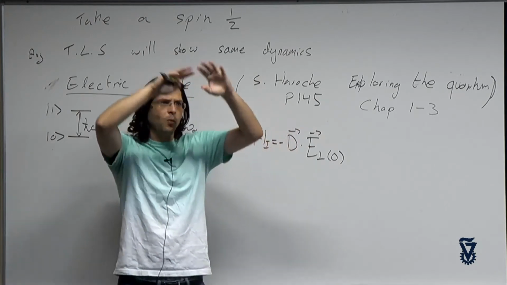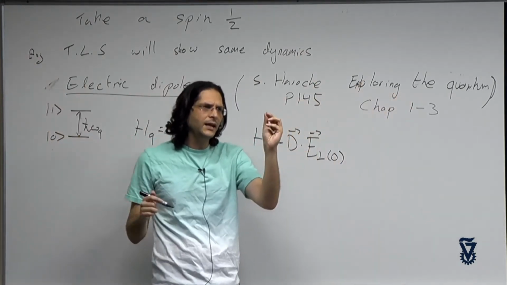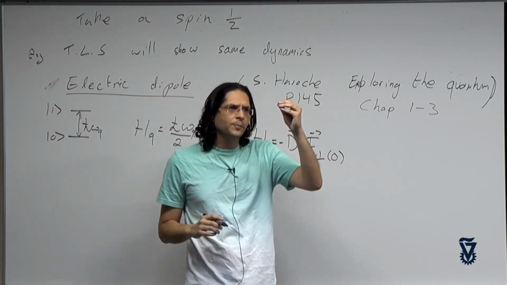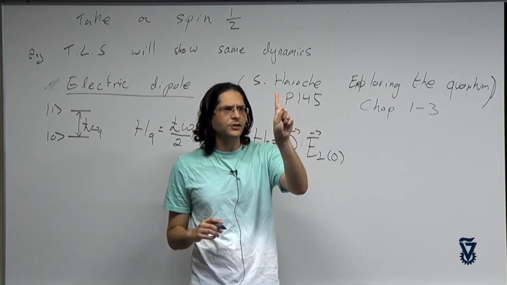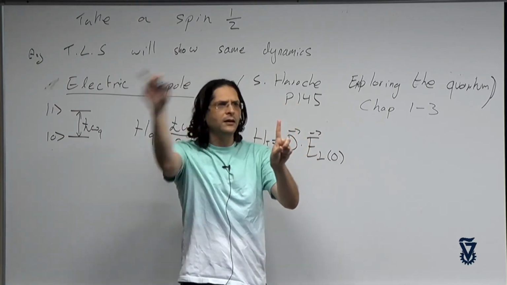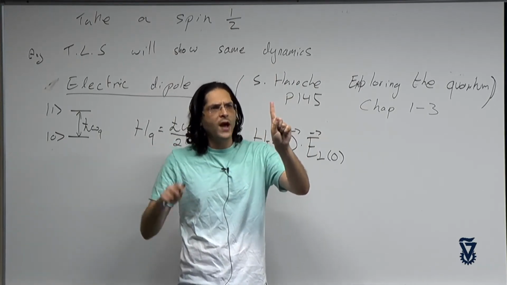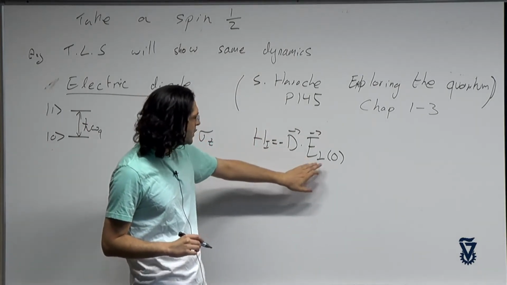If the wavelength is much, much longer and everything is tiny, then you can sum up over the charge distribution and get this dipole moment, which has a certain direction in space, but it's tiny. So you can assume that it sits there at some point, at 0. This is why I wrote E of 0.